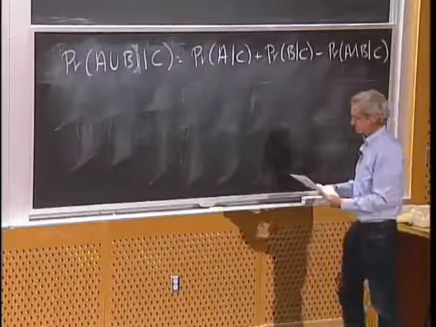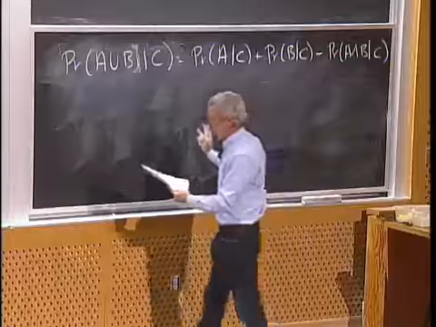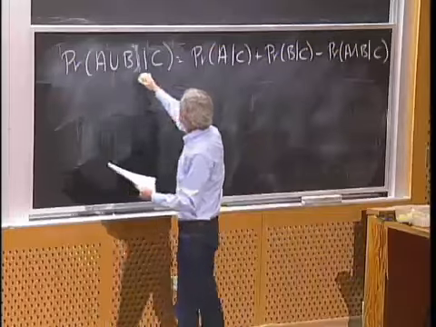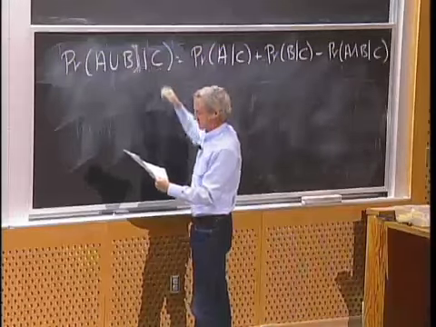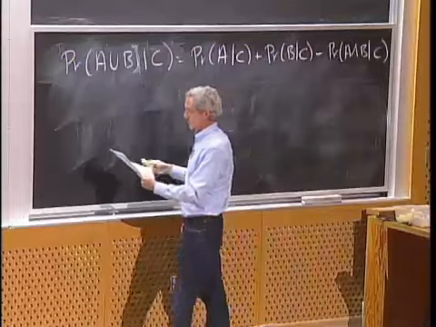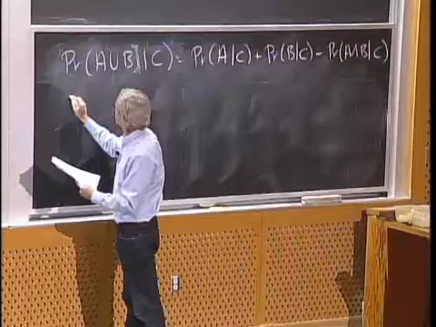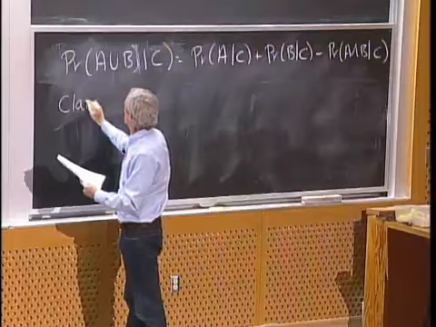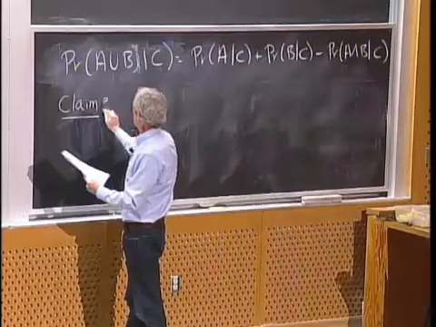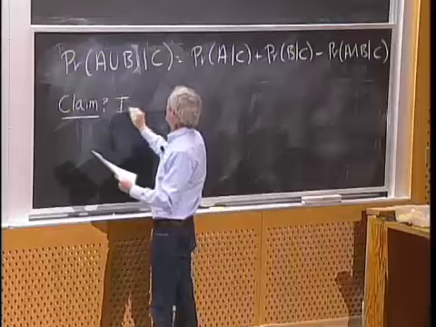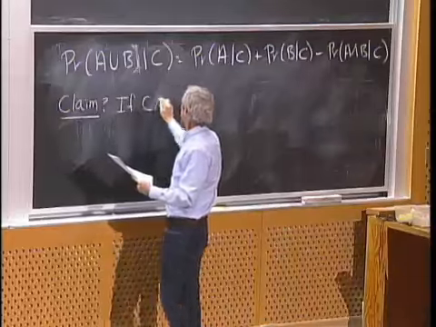All right. You have to be a little careful, though, because you have to remember which side you're doing what on, what you're putting on either side of the bar here. For example, what about this one? Is this true? Claim: let's take, say, C and D are disjoint.